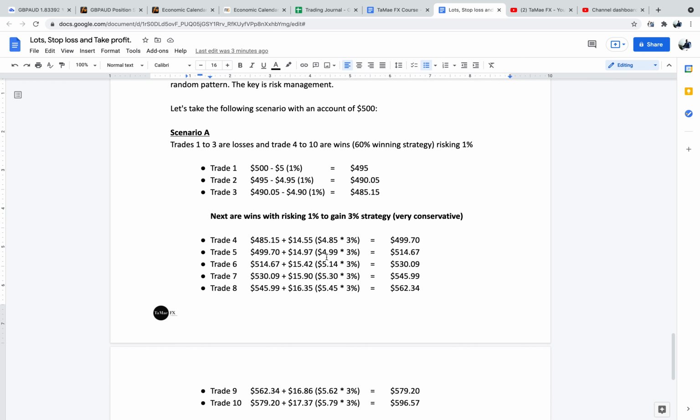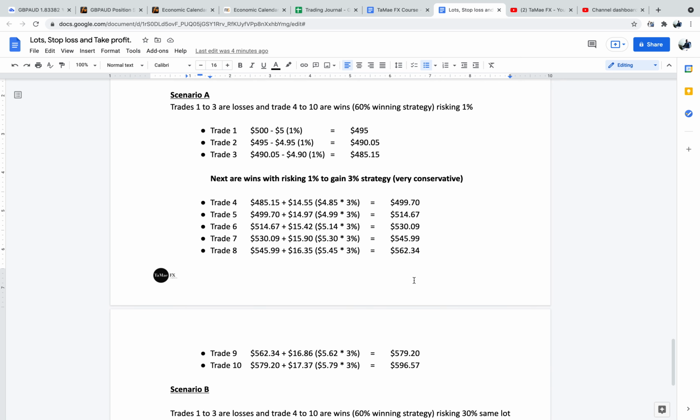So that's trade number 6. You have your $5.14 times 3. You're risking only 1%, and that's $15.42 on this trade. You're already on $530. So that $530 plus $5.30 risk, 1% per trade, times the 3% you're targeting, you get $15.90. So if you add the $15.90 that you took on this trade to your balance, it becomes $545.99. So it goes on and on.